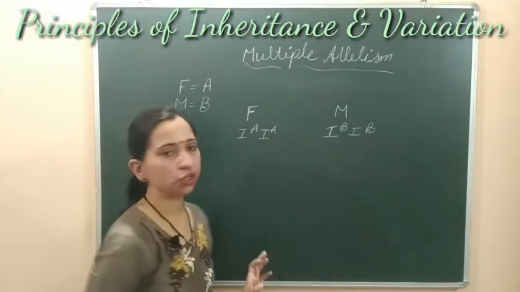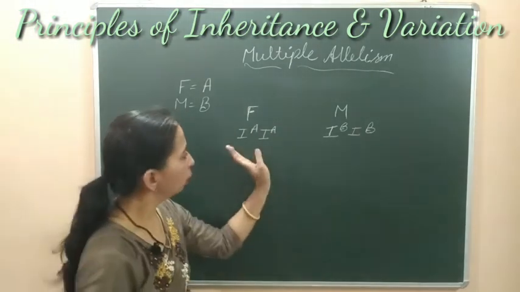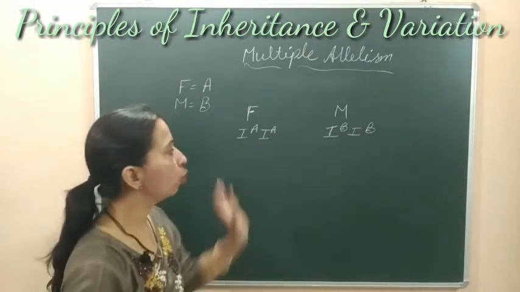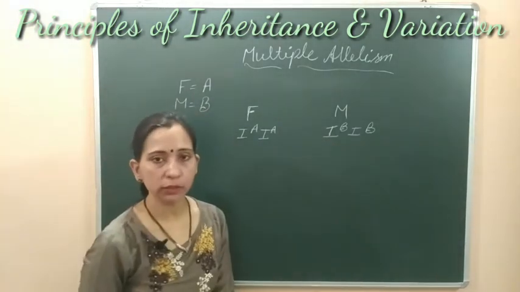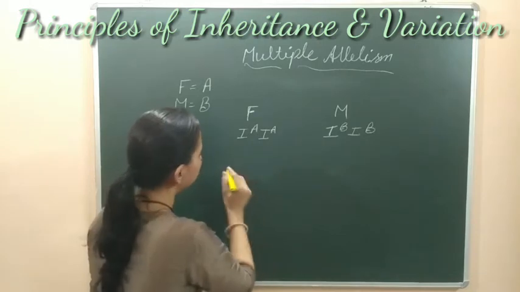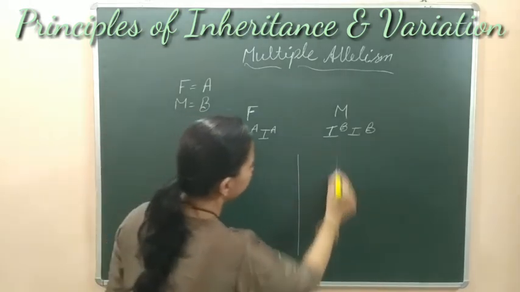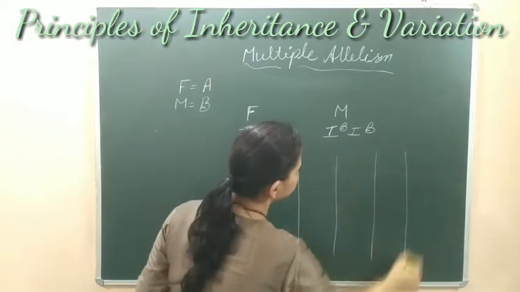Taking both these possibilities, we start with homozygous dominant. When the father and mother are both homozygous dominant, what are the possibilities for the blood group?